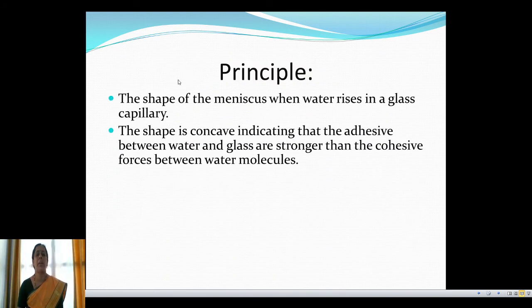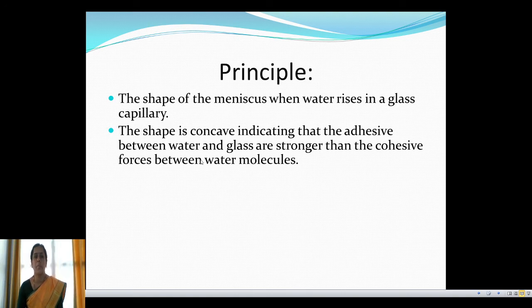Now, the main principle behind this is the shape of the meniscus when water rises in a glass capillary. The shape is concave, indicating that the adhesive forces between water and glass are stronger than the cohesive forces between water molecules.